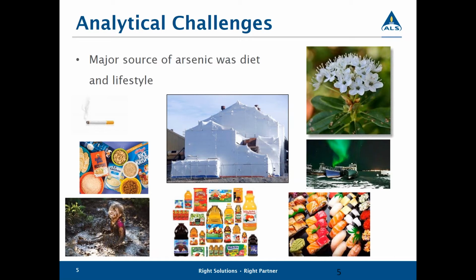And of course, lots of fish and shellfish have high amounts of arsenic. Some of those arsenic forms are considered beneficial. So arsenobetaine is one of those present in fish that actually gets readily excreted from the body, so it's not considered toxic.